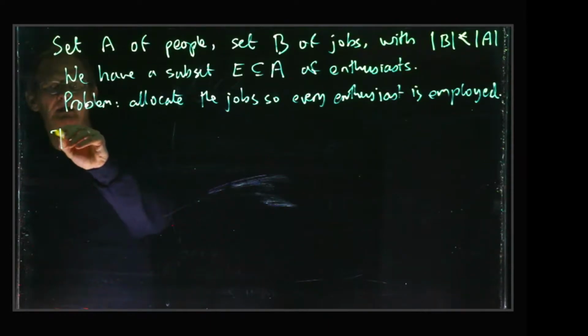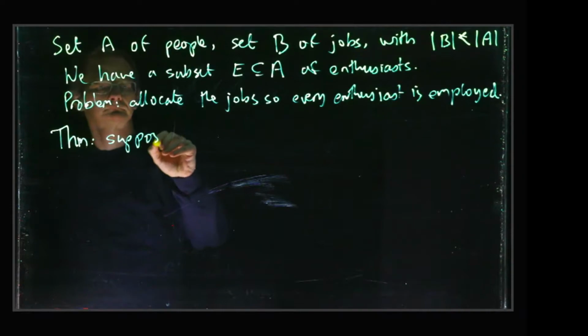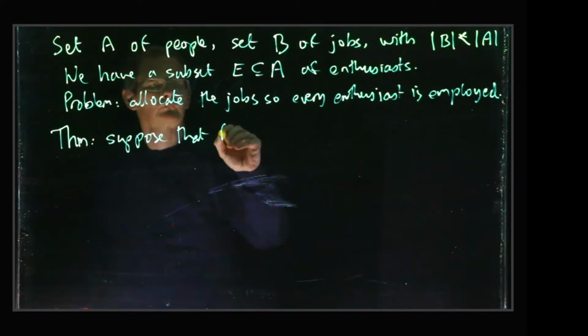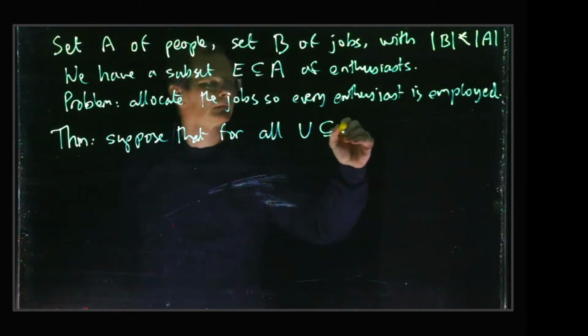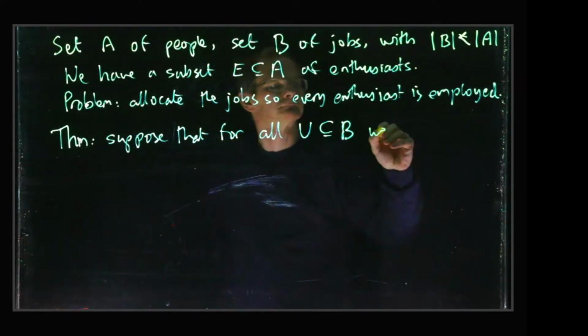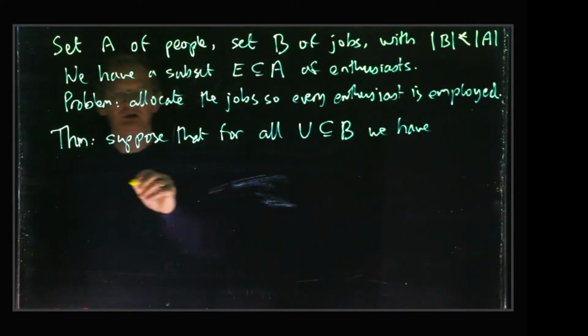the theorem is like this. So that for every subset U of jobs, we have two conditions.